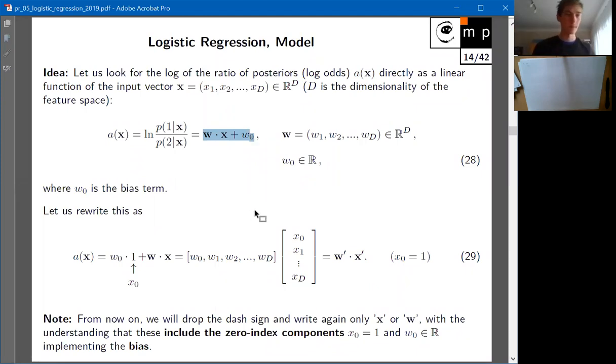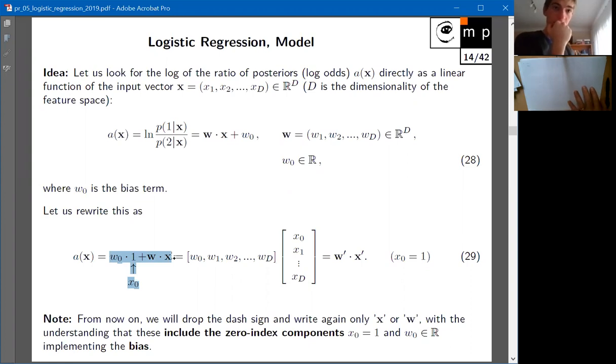Now, to simplify notation a little bit, and we'll use the same trick later on with SVM, it seems convenient not to deal with this W0 explicitly. We'll pretend that besides measurements x1 to xd, we have an x0, which is always 1, and this will allow us to write this as affine. Actually, it's affine.